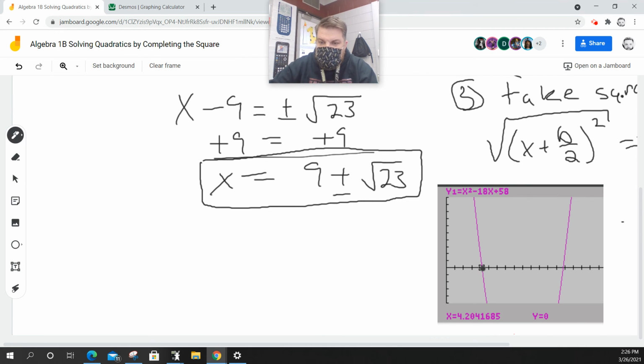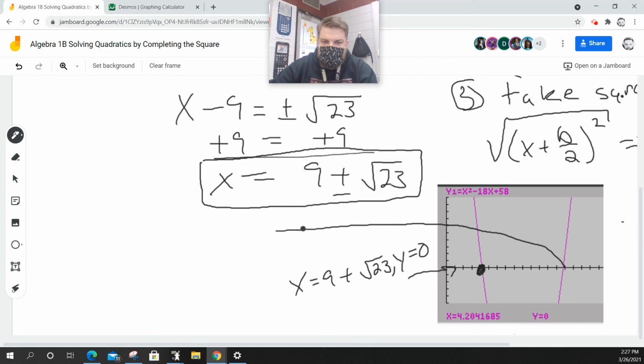So these 2 points, this point right here, that is x equals 9 plus the square root of 23, comma, y equals 0. Then this one way over here is x equals 9 minus the square root of 23. And guess what the y value equals? y equals 0.